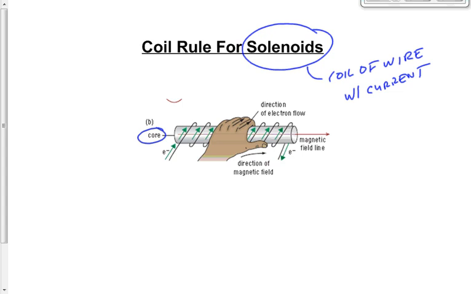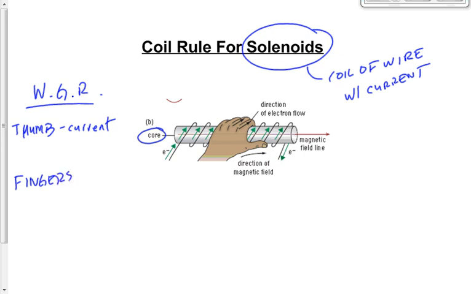So how do we find the polarity of this? How do we find the direction of the magnetic field? We're going to use this coil rule, which is, by chance, exactly opposite to the wire grasp rule that we learned on Friday. The wire grasp rule said you stick your thumb in the direction of the current, or the moving charge, and your bent fingers point in the direction of the magnetic field.